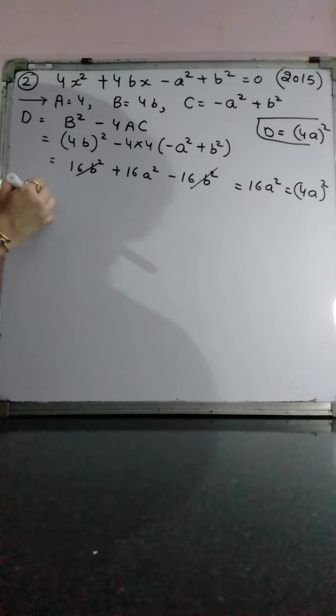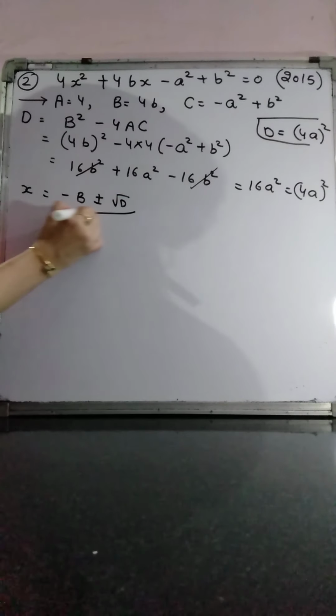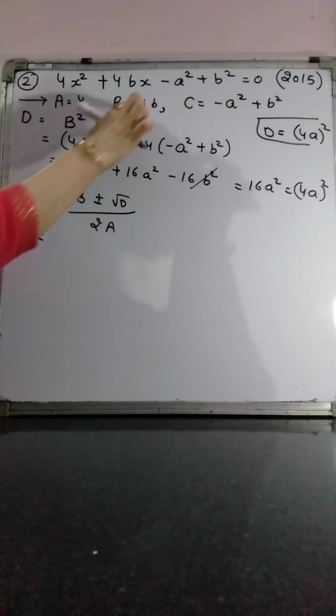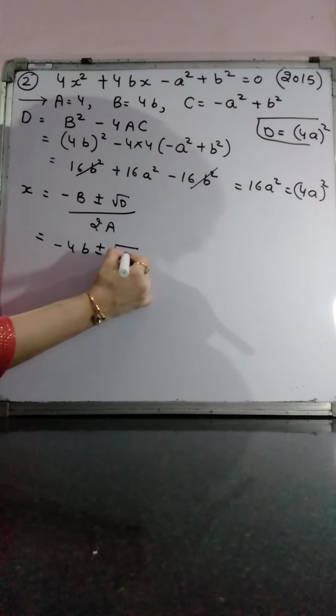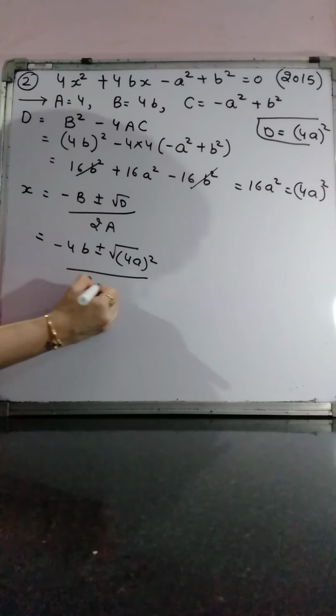Same. Now substitute these values in the quadratic formula. The value of b is 4b, plus minus under root D, (4a)², by twice into a.